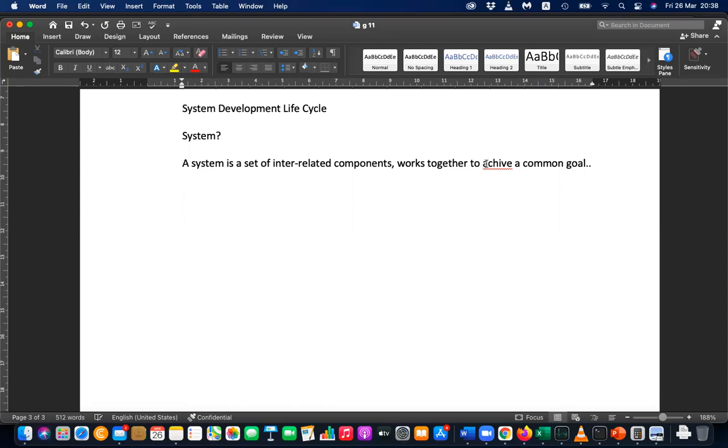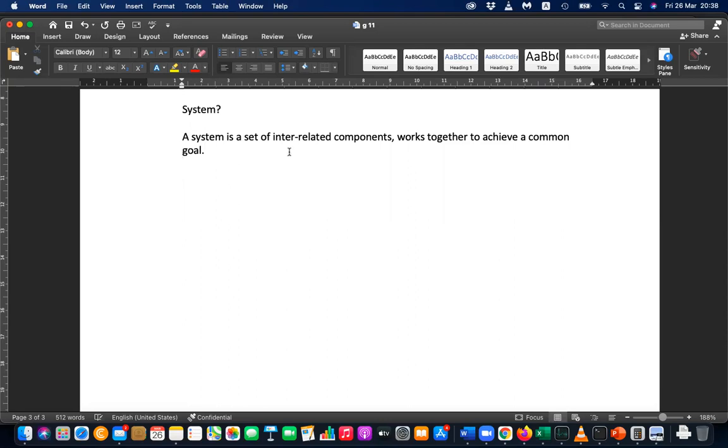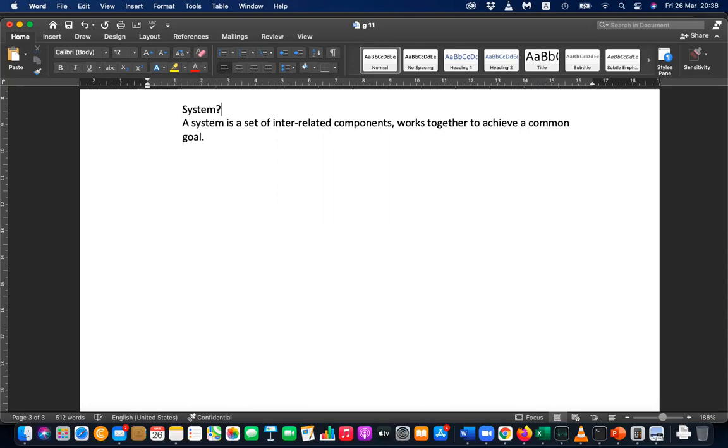That is very important. So it's a set of interrelated components working together to achieve a common goal. That is a system. Very important: interrelated, works together, and common goal.